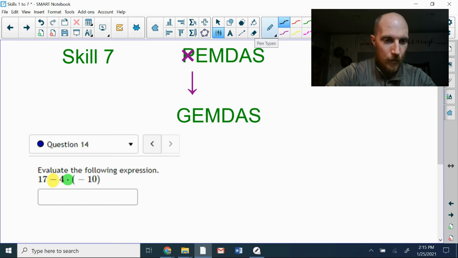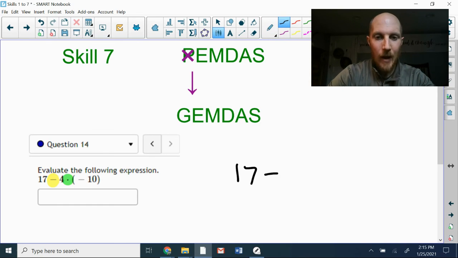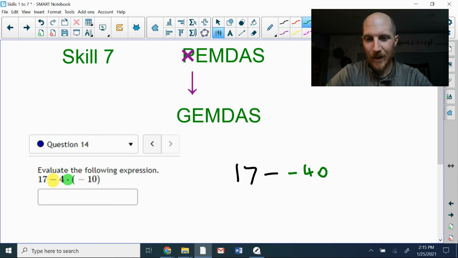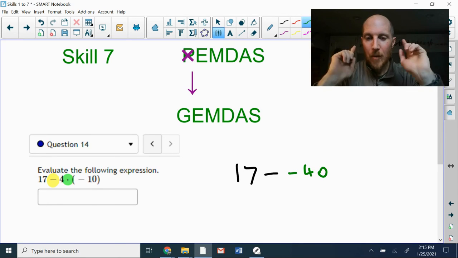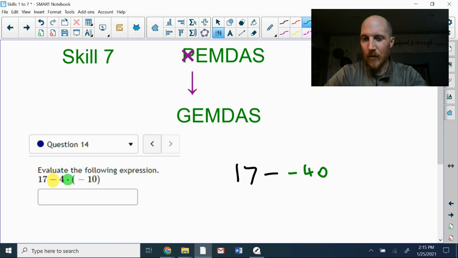So I'm going to rewrite the problem, 17 minus, and now I'm going to do that multiplication, 4 times negative 10. 4 times negative 10 says a positive 4 and a negative 10, so those are opposite signs, so I get a negative answer, negative 40. But now I've got a double negative because there was a minus sign, right?